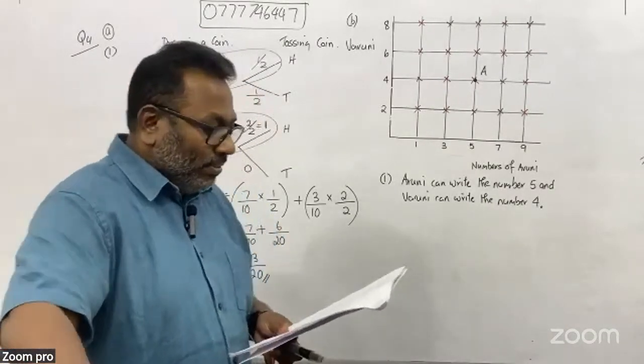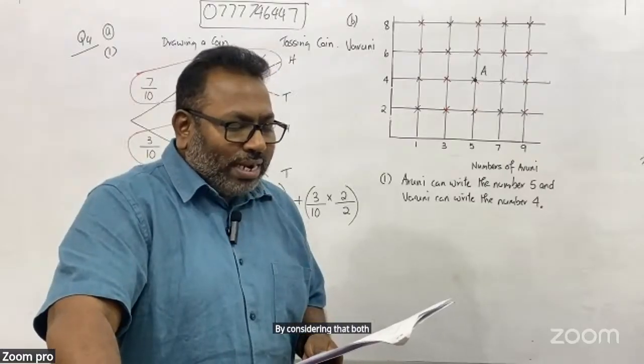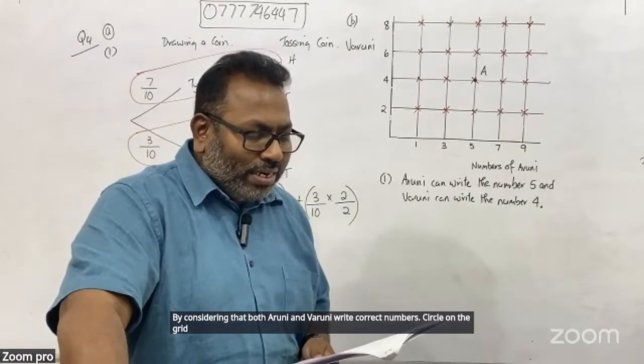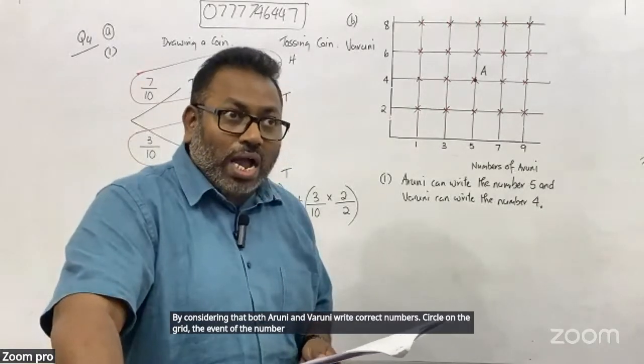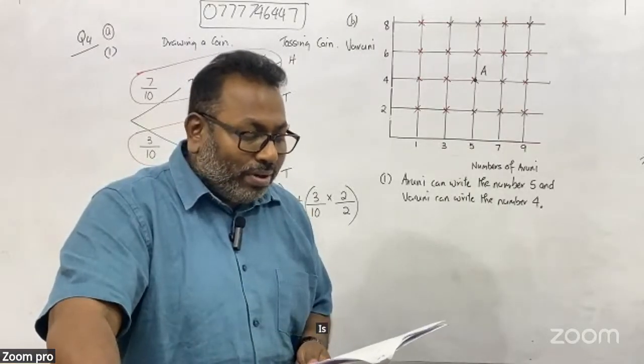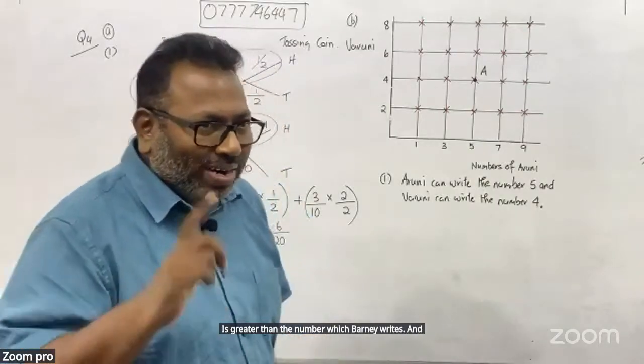Then next, by considering that both Aruni and Varuni write correct numbers, circle on the grid the event of the number which Aruni writes is greater than the number which Varuni writes and find its probability. So what are they saying?